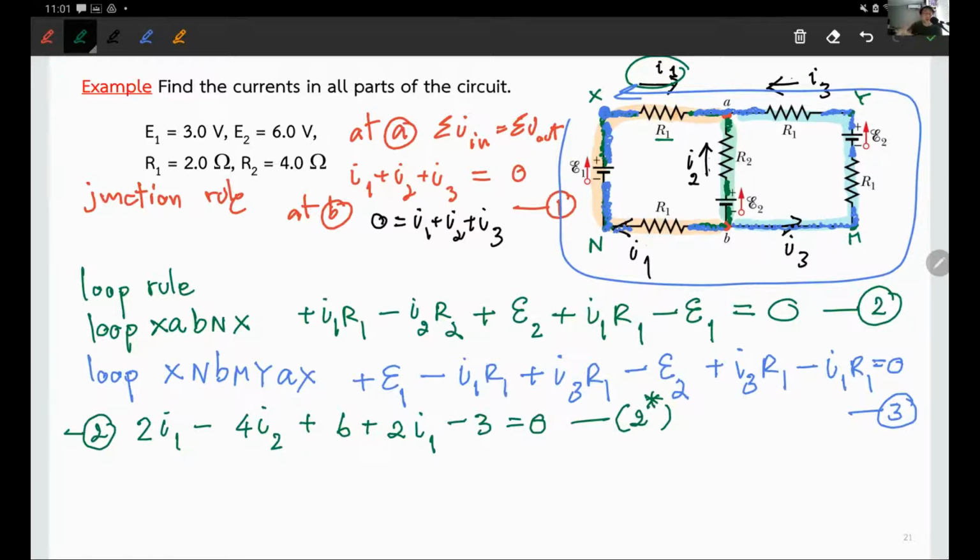All I need to do is substitute the R1, R2, E1, E2 into equation number 2. Let me rearrange this a little bit. This will give me 4I1 minus 4I2 plus 3 equal to 0. Okay, that's my 2 star, and that's cleaner.